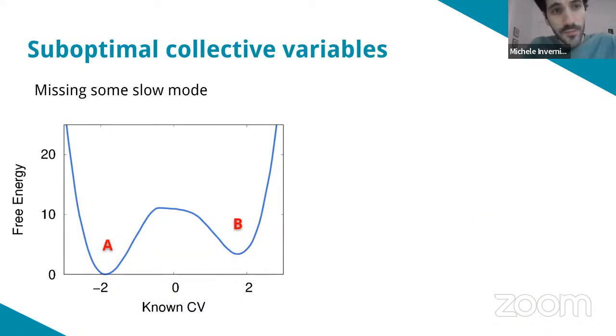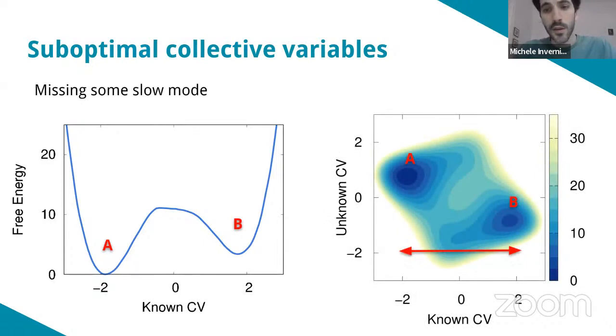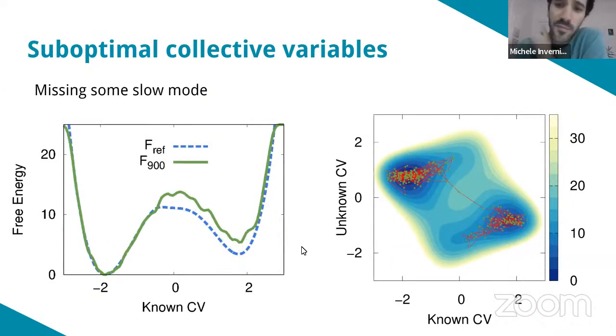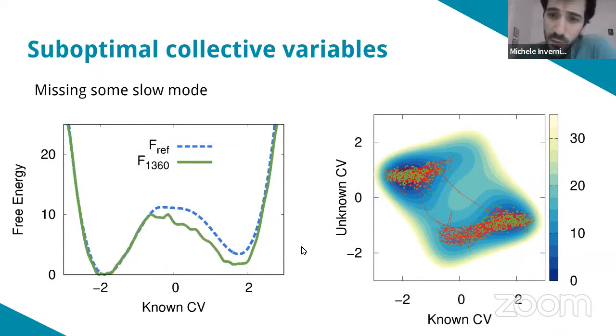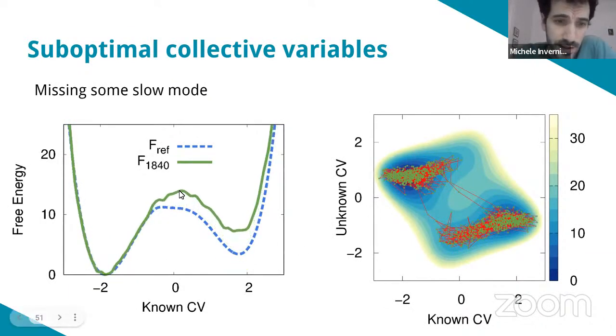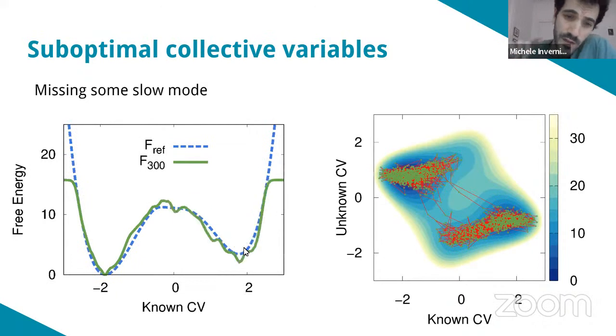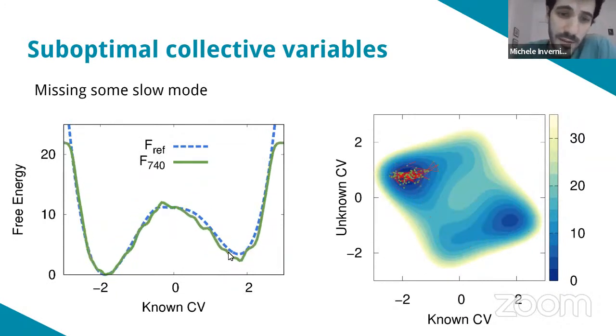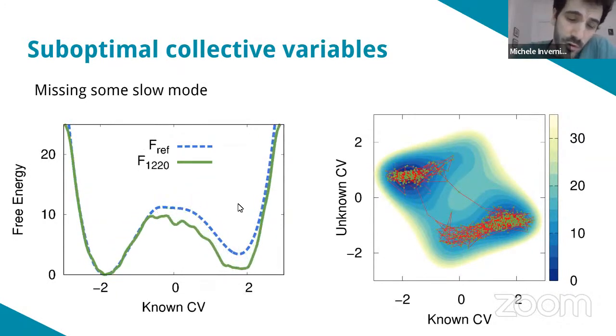A suboptimal collective variable means that you are missing some slow mode of the system, some slow degree of freedom of the system. The easiest way to picture this is by thinking about a two-dimensional system in which your collective variable would be the x-axis and the unknown slow degree of freedom is the y-axis. If you run metadynamics on this, what you will see is that the free energy estimate, so the bias that the metadynamics is using, keeps on oscillating.